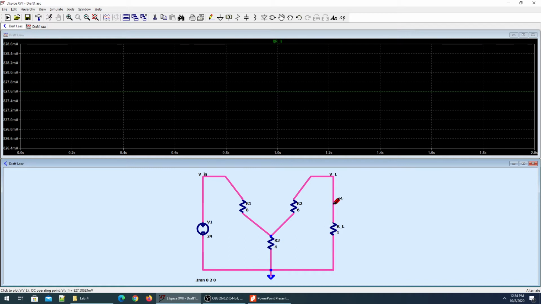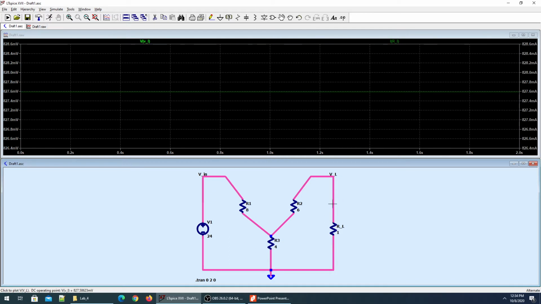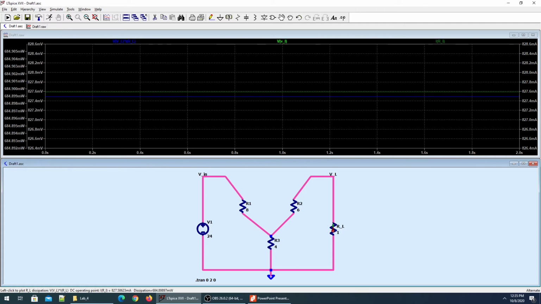This is the voltage across a resistor, and the power. For the power, you press the Alt key on your keyboard. Your probe changes into a thermometer, and then you click it and get the power, which is 684.899 milliwatts.